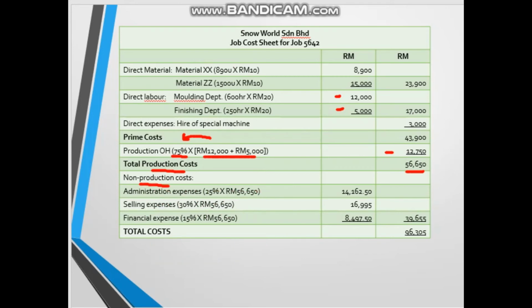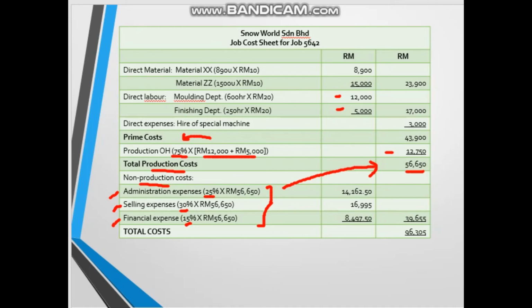And then we add up the non-production costs. Other than production cost, we have here admin, selling and financial expenses. It depends on the question. If the question gives you more than two, just write them down. Here we have three: admin 25%, selling 30% and financial 15%. The question stated that all these percentages are based on the total production cost, so we have to refer to the question.